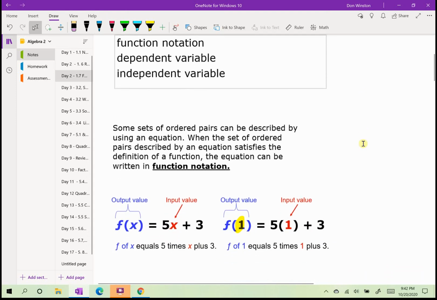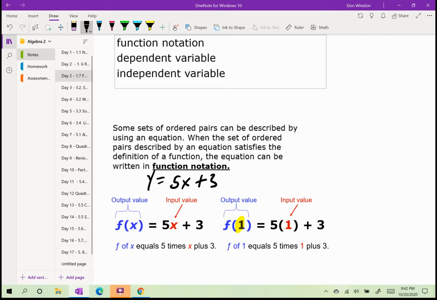Here, some sets of ordered pairs can be described by using an equation. You're probably used to using an equation like y equals 5x plus 3. When the set of ordered pairs described by an equation satisfies the definition of a function, that is, each x only goes to one y, the equation can be written in function notation.